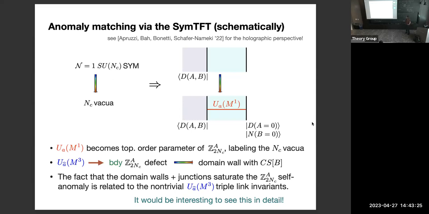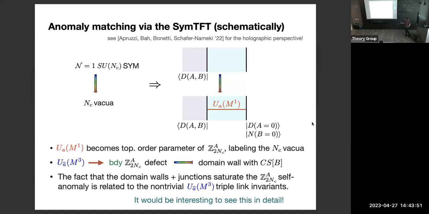And then the fact that I have a self anomaly is related to the fact that these domain walls that host this defect associated with non-invertible symmetry, these domain walls and their junctions, should exactly, when restricted to the boundary, saturate this self anomaly.